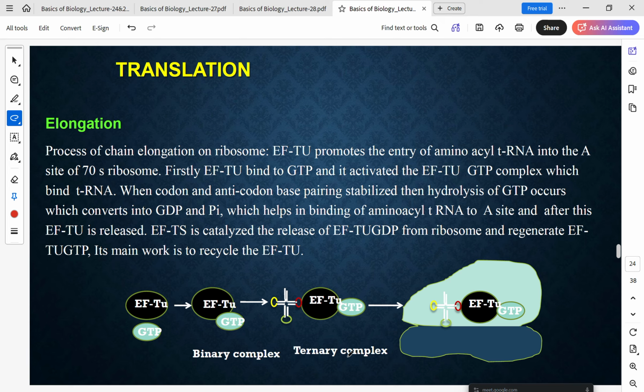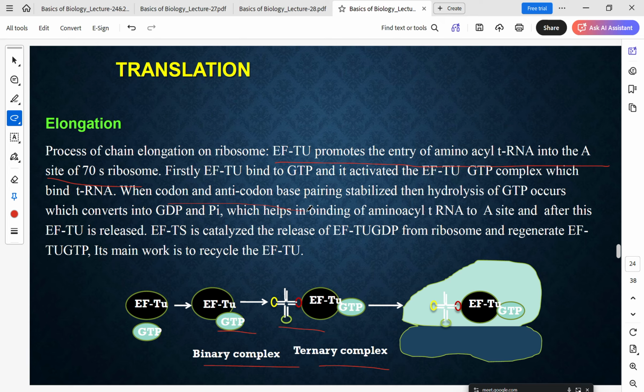The process of chain elongation in the ribosome is mediated by multiple elongation factors, as we saw. EF-Tu promotes the entry of aminoacyl-tRNA to the A site of the 70S ribosome. EF-Tu binds to a GTP molecule, making a binary complex, which creates an activated EF-Tu complex that can then bind to the tRNA to make a ternary complex.